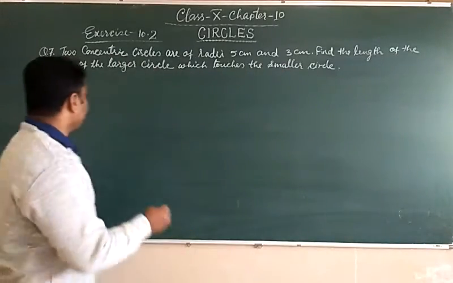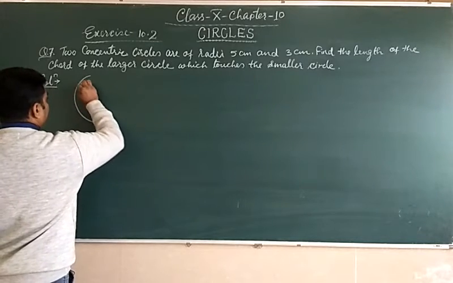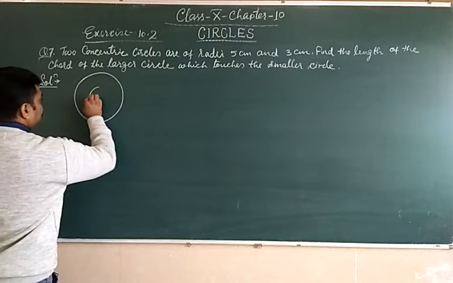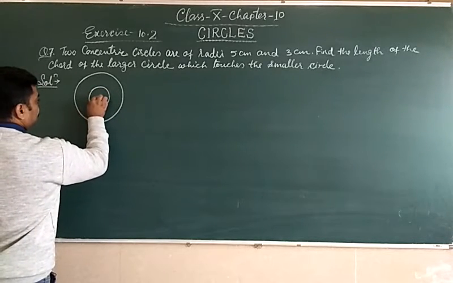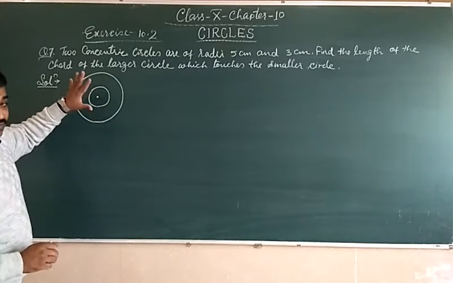Okay, first of all we will draw the figure. It is the first circle and it is the second circle. This is the center, and these two are concentric circles.